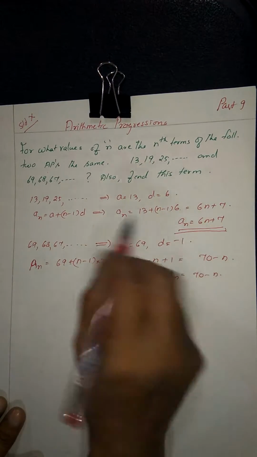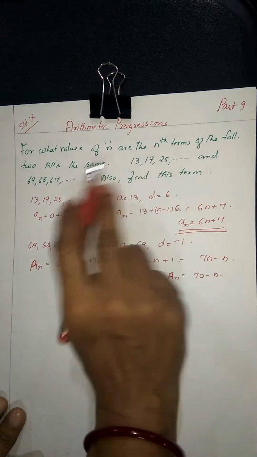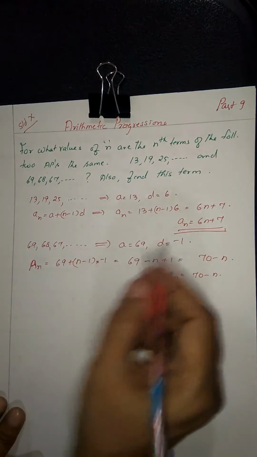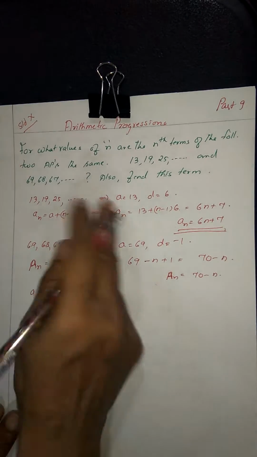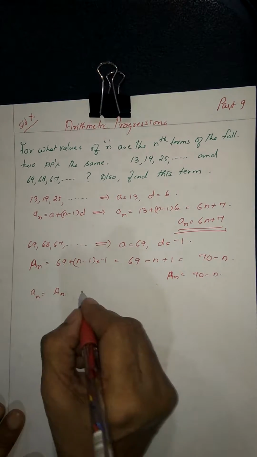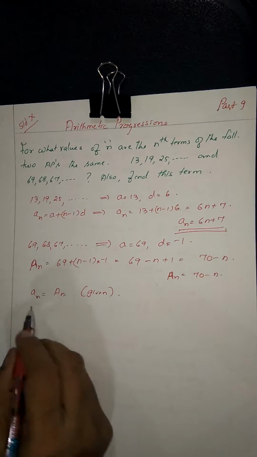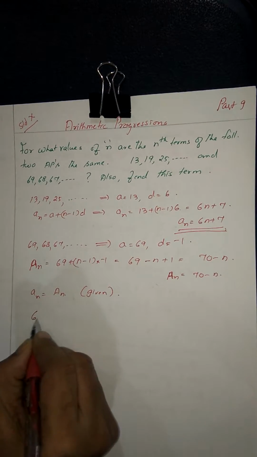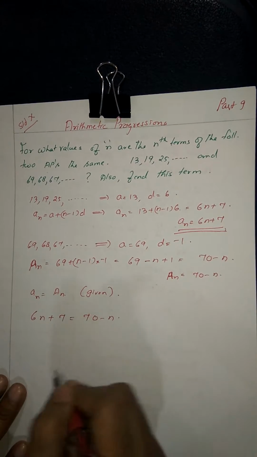Now it is given for what values of n the nth terms of the two APs are same. That means the nth terms of both the series are same. Now we have to find the value of n. So you can write 6n plus 7 is equal to 70 minus n.